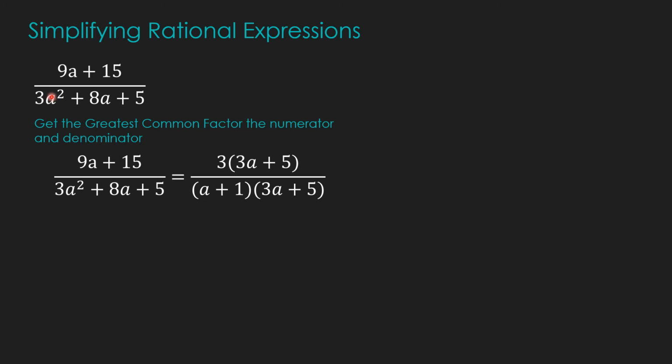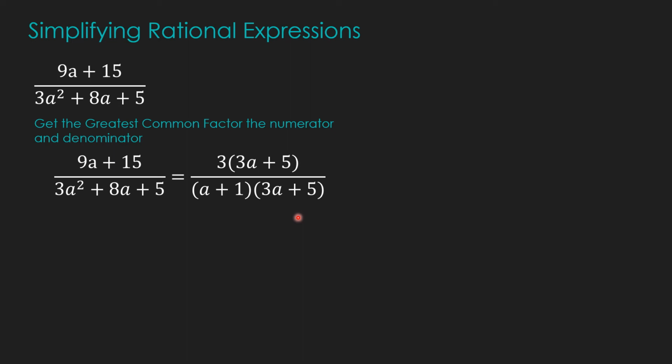And let me show you first how it's being factored. Now, here, 9a plus 15 can be factored as 3 times the quantity of 3a plus 5. And for this one, actually, this is a general trinomial. Okay, so the general trinomial can be factored as the quantity of a plus 1 times the quantity of 3a plus 5.